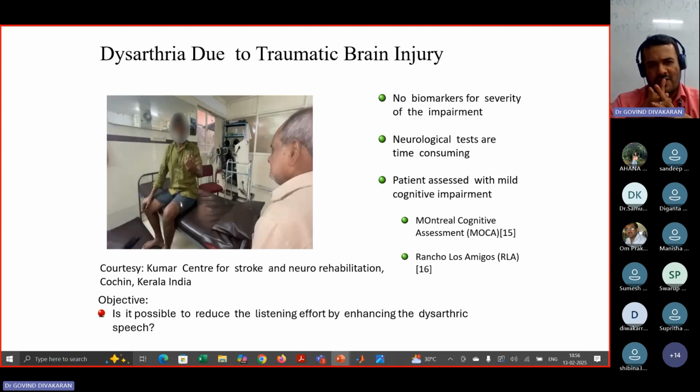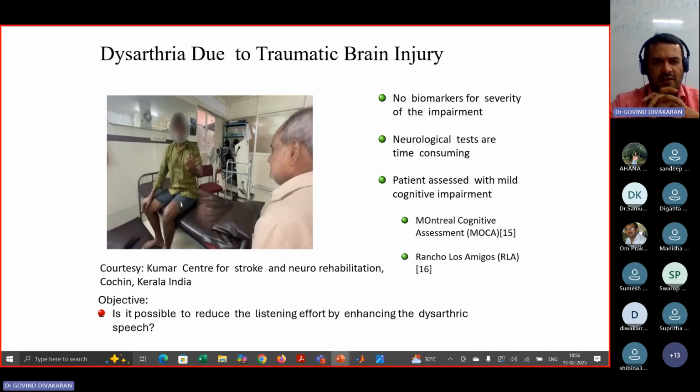The brain injury was in the form of a blood clot in the cerebrum. It was quite near the speech areas, though it did not result in aphasia, but it was affecting the motor cortex.